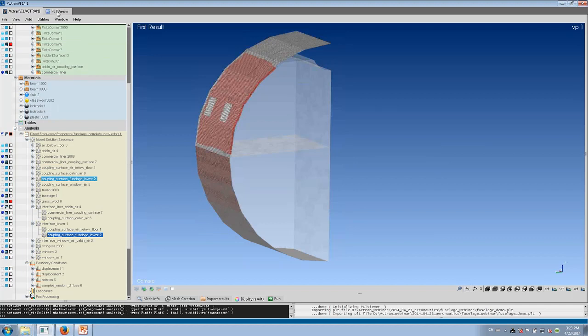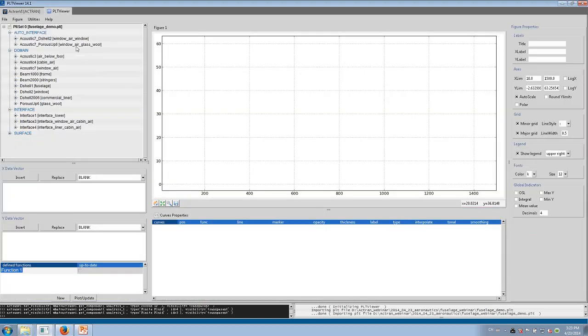Now, when this model is run, we will get many indicators. We post-process the results and all these indicators in PLT viewer, the 2D plotting tool in Actran. So here I will plot the noise reduction indicator.